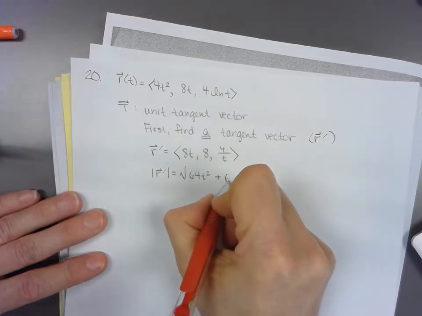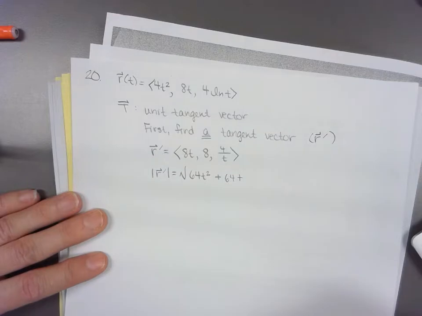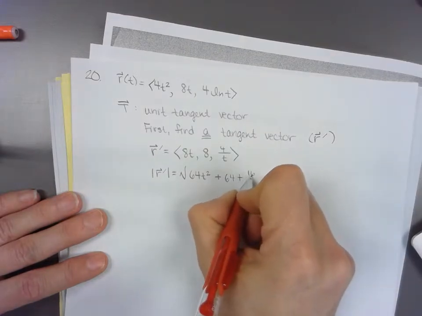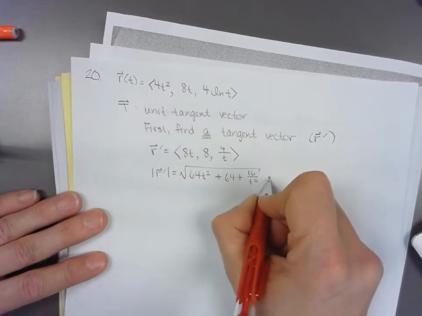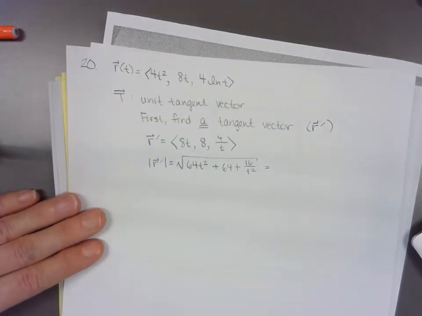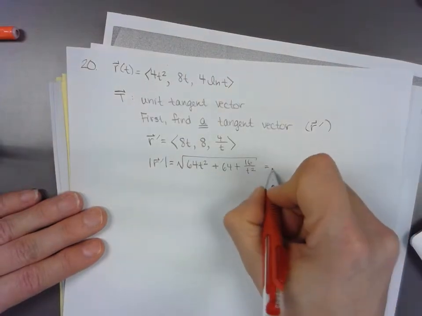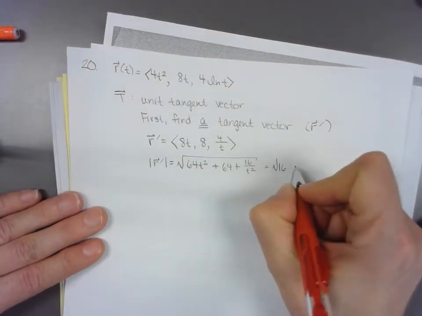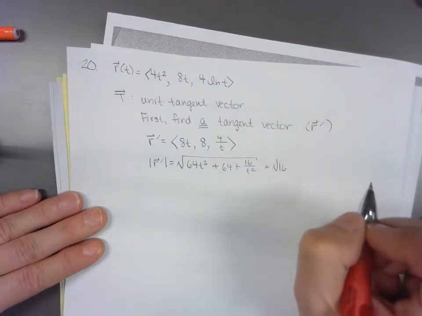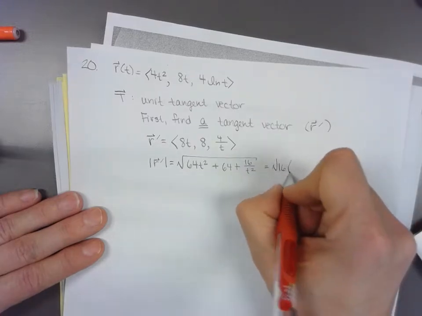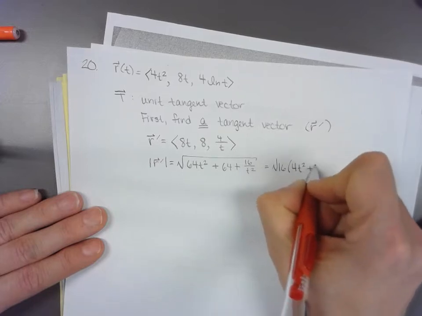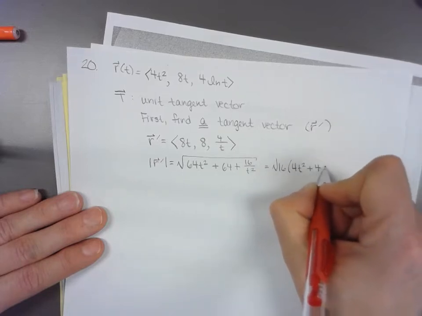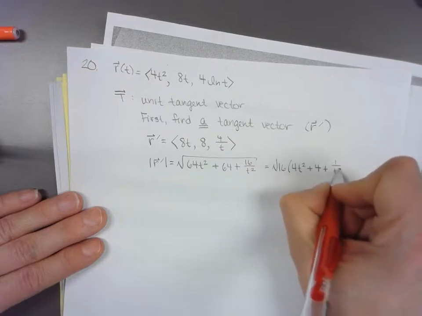And when I square 4 over t, I get 16 over t squared. Okay, one thing I notice is that for sure 16 goes into everything. That'll make things a little nicer. I'll just do that to start. So I'd have 4t squared plus 4 plus 1 over t squared.